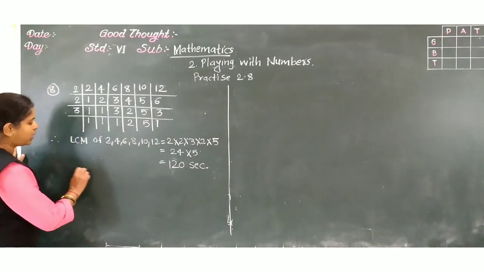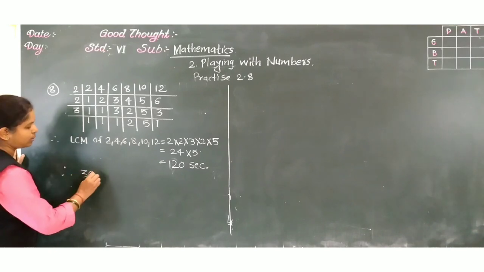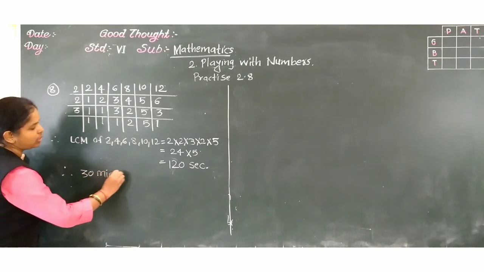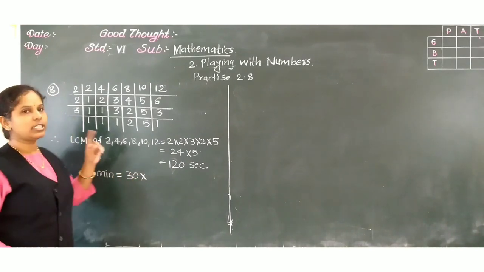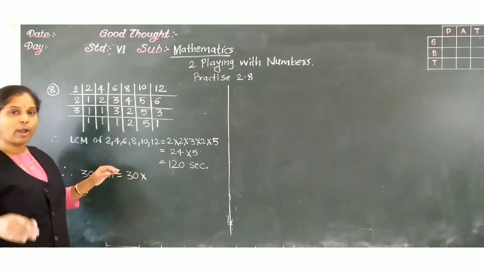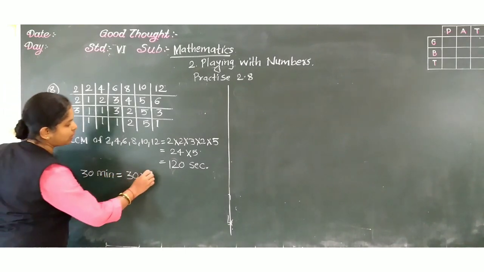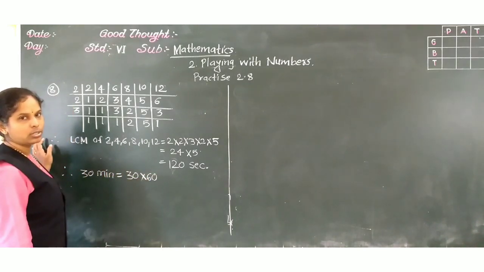Correct? So 30 minutes is equal to how many seconds? 1 minute is equal to 60 seconds, so we have to convert 30 minutes into seconds, that is 30 into 60.